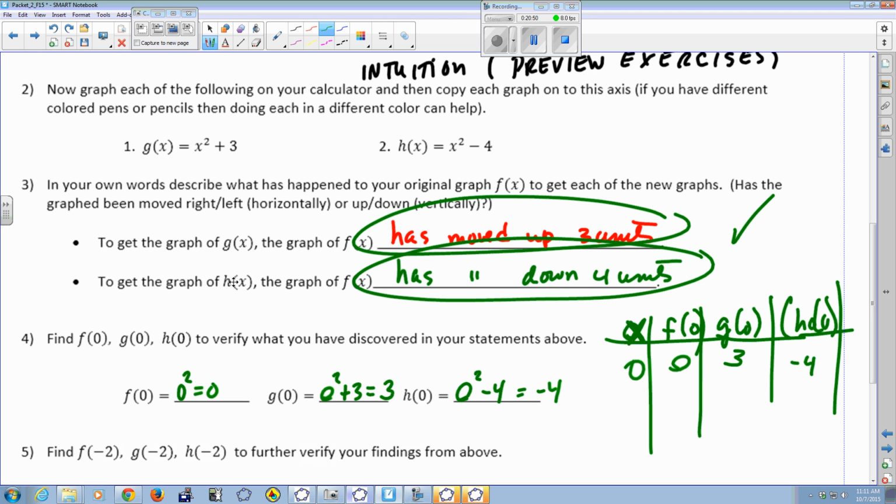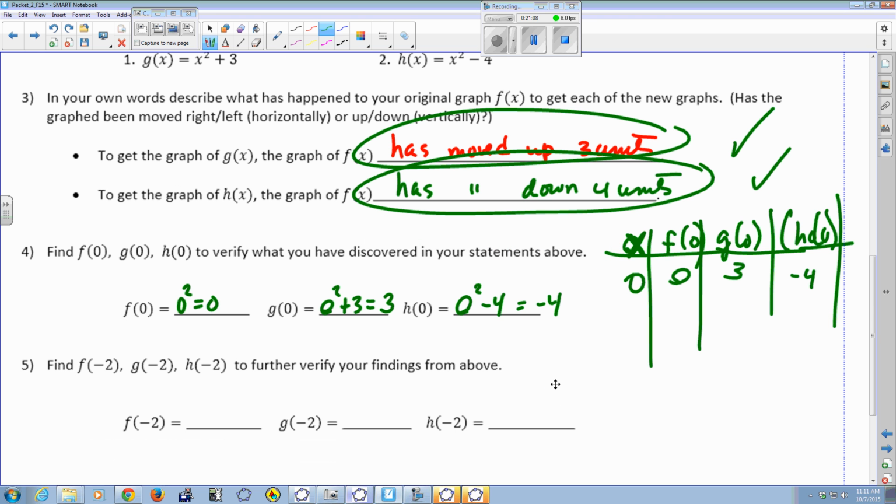To get the graph of h from f of x, it says move down 4 units. So when I keep my x value 0, my y value for h is the output value at 0 minus 4. It's decreased by 4. That certainly checks. Okay? So you have ways now of checking. I'm not going to do this. This you can fill in yourself.